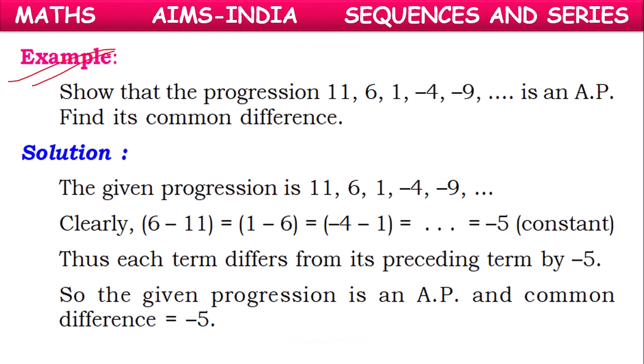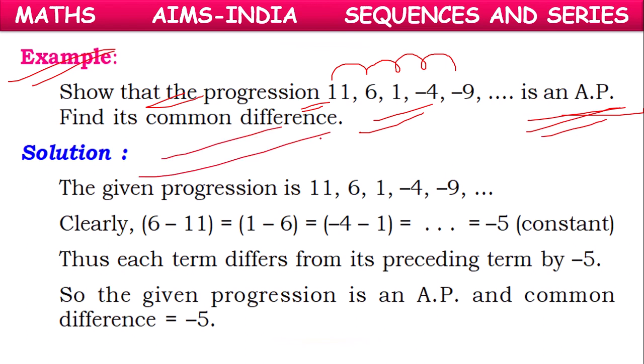So let's see an example problem, children. Show that the progression 11, 6, 1, minus 4, minus 9 is an AP, and find the common difference.